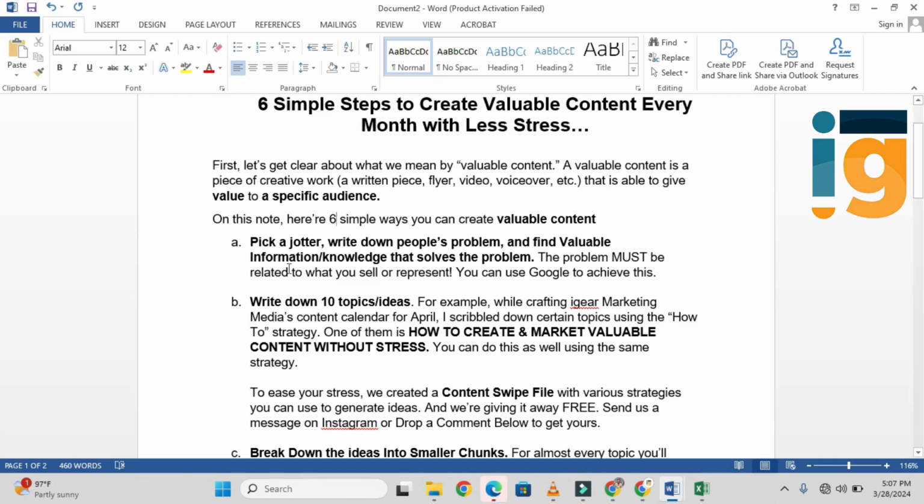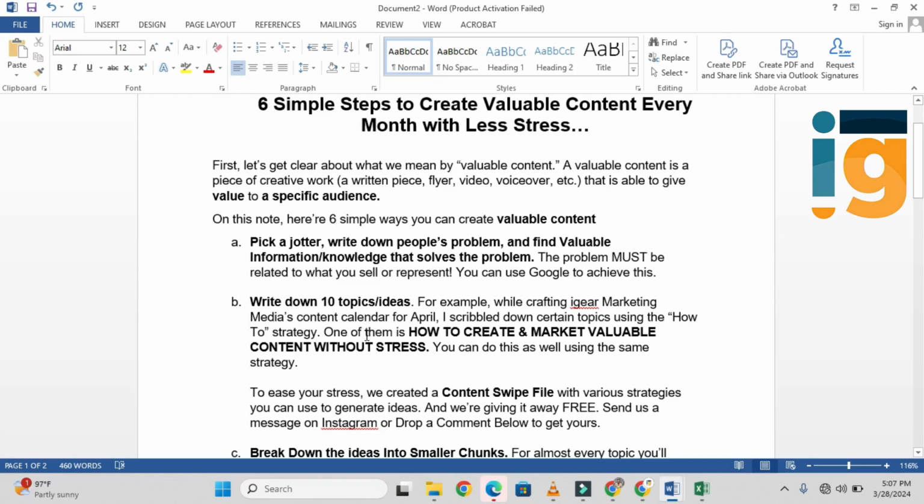Okay, now once you have that, the next thing you want to do is to write down 10 topics or ideas. Right, the ideas are the answers to the problems you have discovered. Okay, in that your jotter, write them down. And if you're using your phone, your notepad, make sure you write it in your notepad as well. Now, for example, while we were crafting the marketing content for April, we scribbled down certain topics using auto strategy.